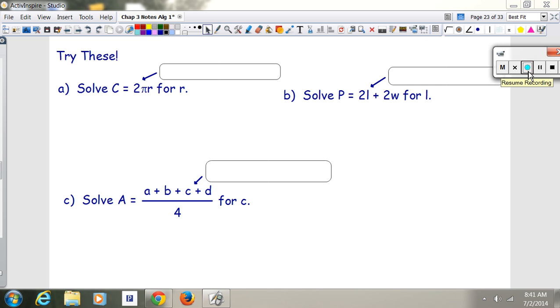Okay, these are just a couple of practice ones. So we've got what we call here a circumference formula. When you get to geometry, if you've been in geometry, you'll see this formula. Circumference equals 2 times pi times radius. So they want you to get r by itself. So what we're going to do here is divide both sides by 2 and by pi.